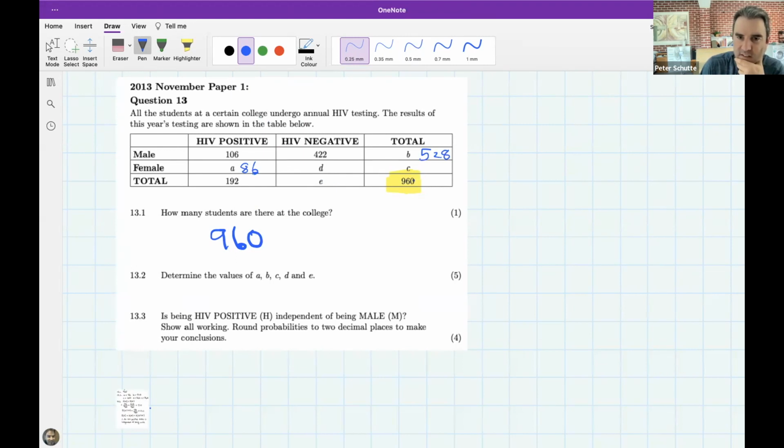In order to get C, it feels like I have to use the 960. So I get C of 432. Yeah, that makes sense to me. What about D and E now?